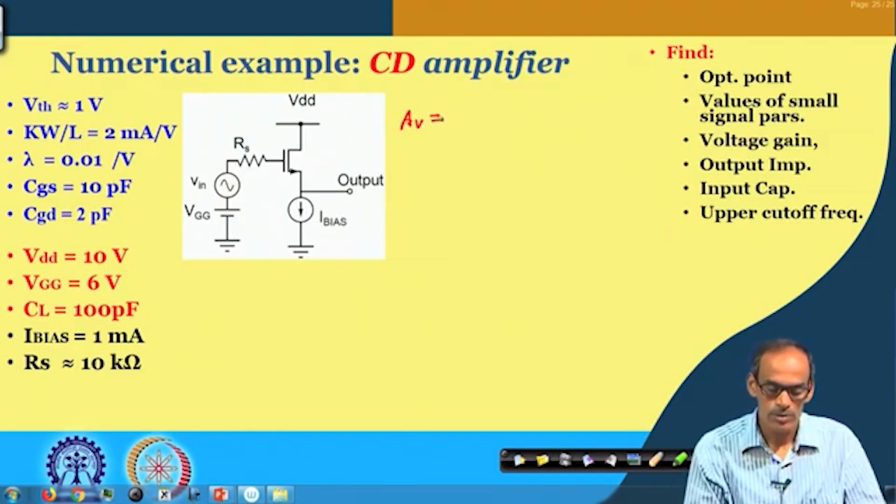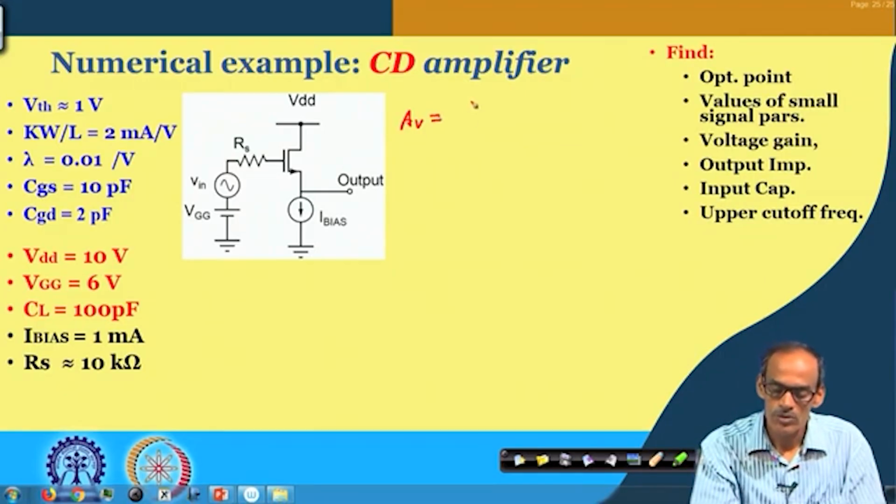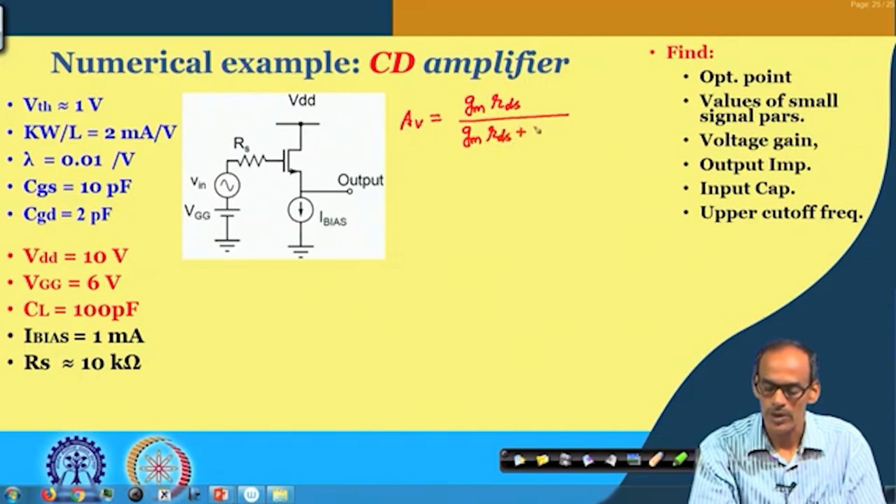The GM into RDS divided by GM into RDS plus 1, and GM is 2 milli, 2 into 10 to the power minus 3, and RDS is 10 to the power 5 ohms.